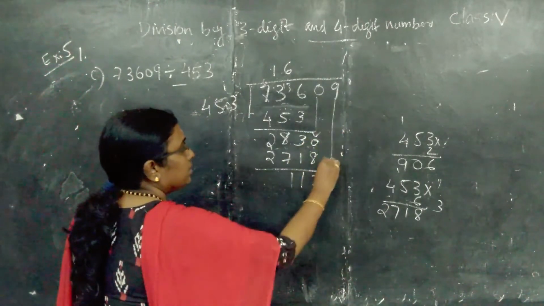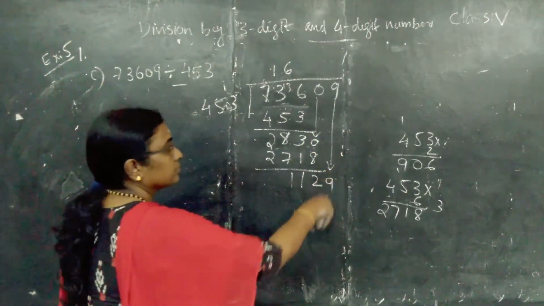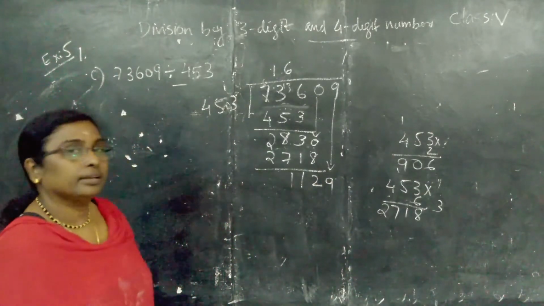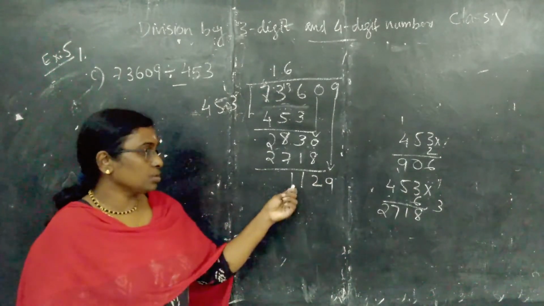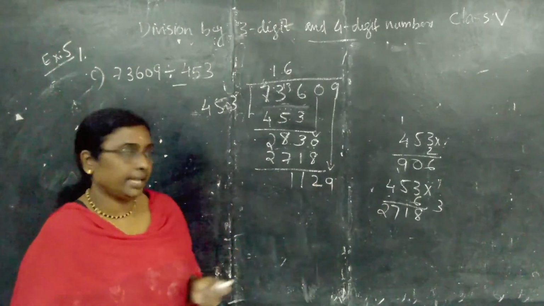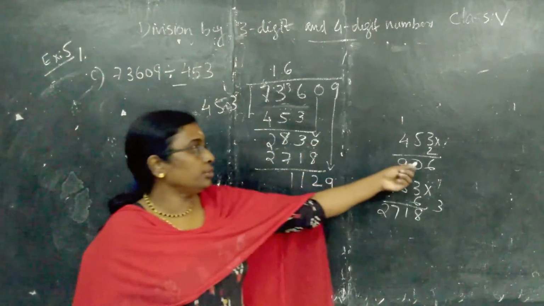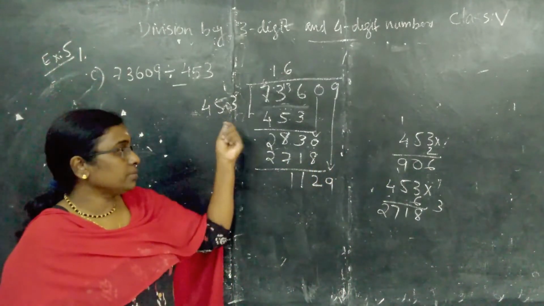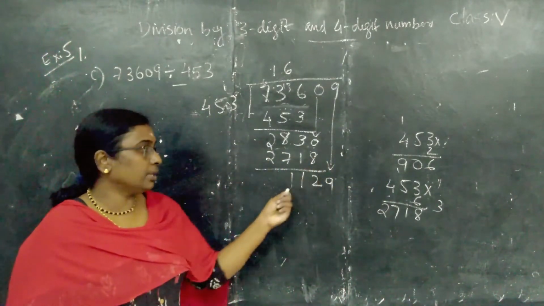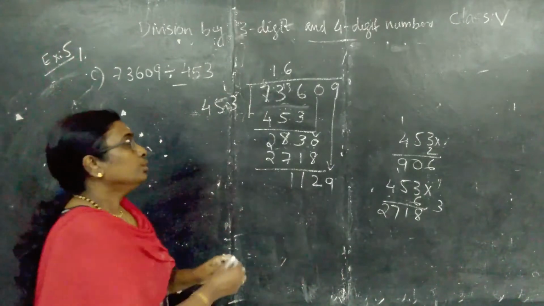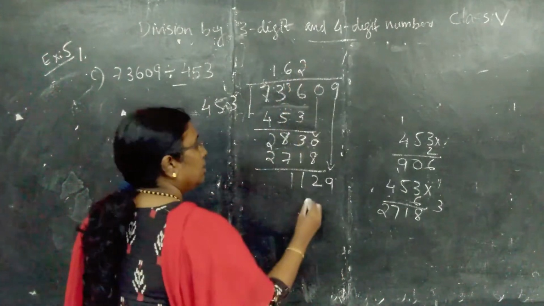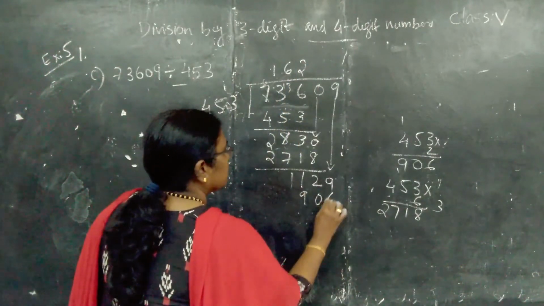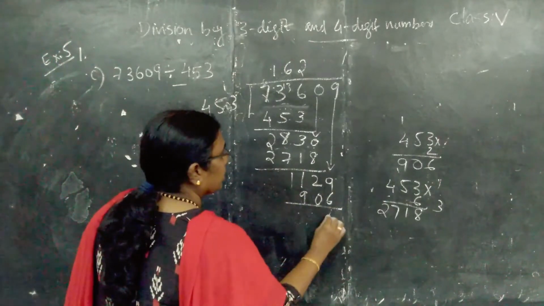Then write down this number, 9. Now the dividend becomes 1129. 453 into 2 equals 906. If we multiply this number with 3, we get a number greater than this. So write 2 here, 906.